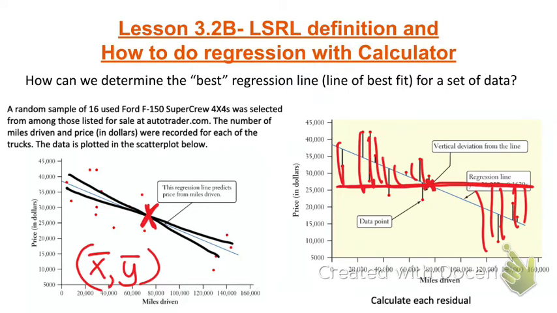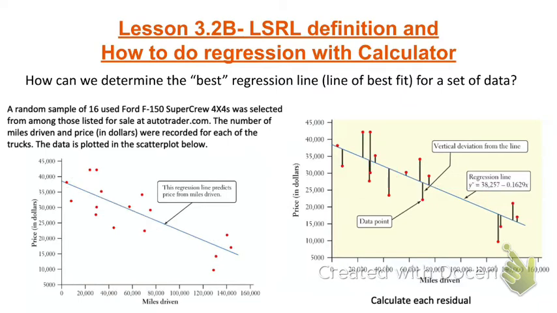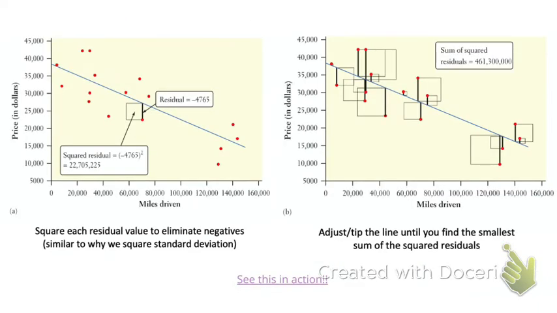So that's not quite good enough. The next thing we would do is get rid of the negatives. How do I get rid of negatives in math? I square them. I'm going to take the residual and literally, mathematically square it, turning this residual into a square.